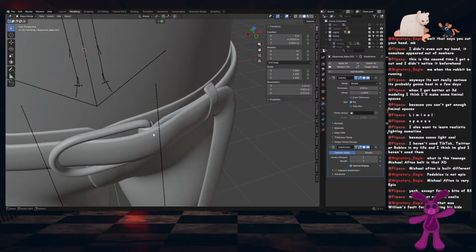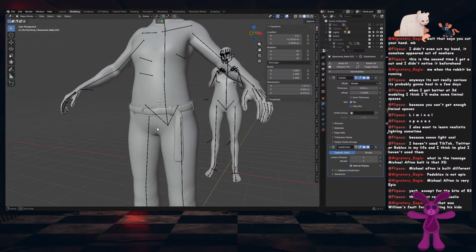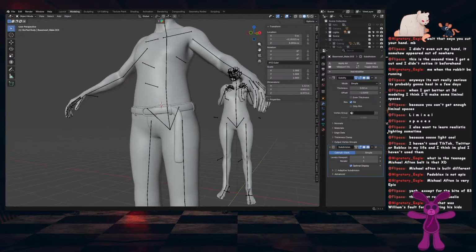What in the teenage Michael Afton belt is that? I like belts like this. What are you talking about? Besides, I'm following a reference, alright?